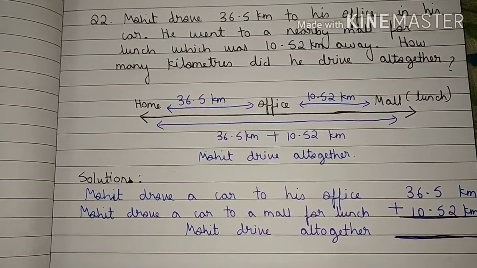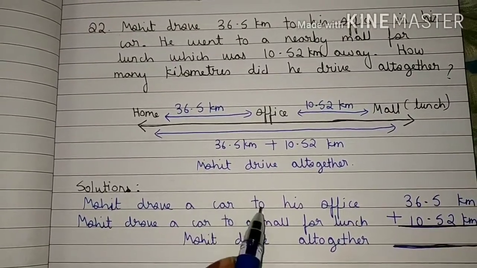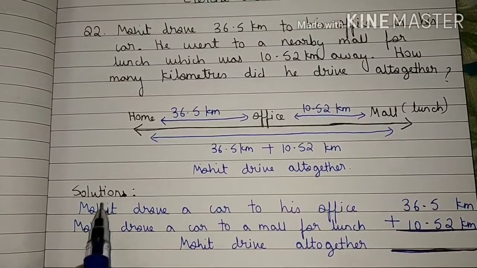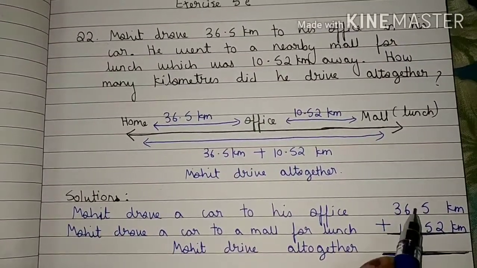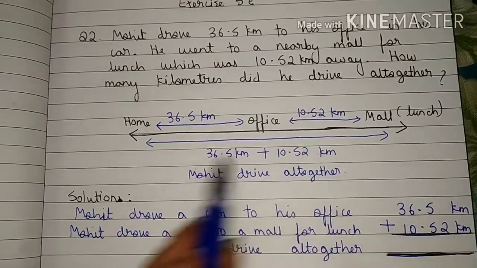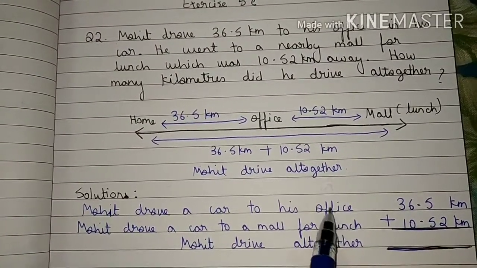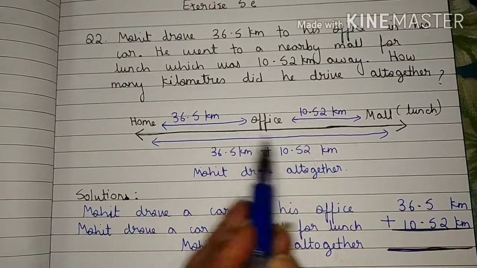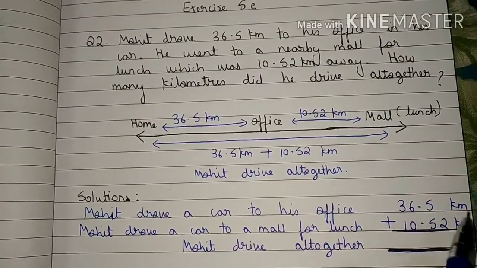Students, now we will do the solution. First of all, you will write a statement like this. Mohit drove a car to his office 36.5 km. So from home to his office, he drives a car 36.5 km.